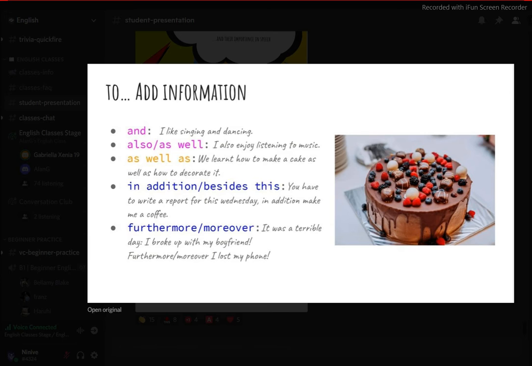As well as is used in the middle of the sentence, whereas in addition and besides this are used after a comma. On the other hand, furthermore and moreover are usually used at the beginning of a sentence. Next slide.